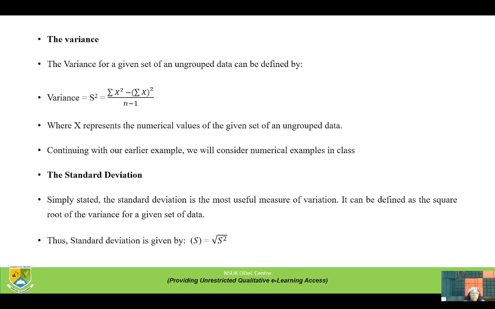Your variance is the square, your standard deviation is the square root of your variance. So standard deviation is equal to square root of variance. Variance is denoted by s squared and standard deviation is denoted by s. So to get your standard deviation, s is equal to square root of s squared.